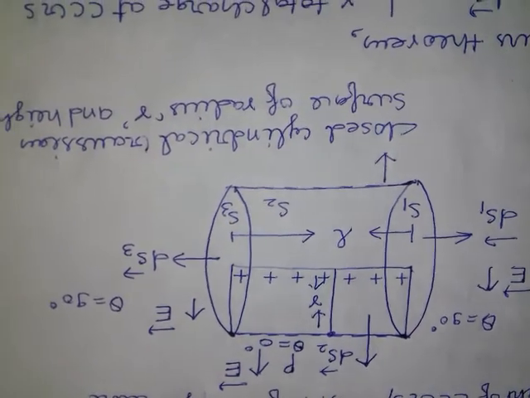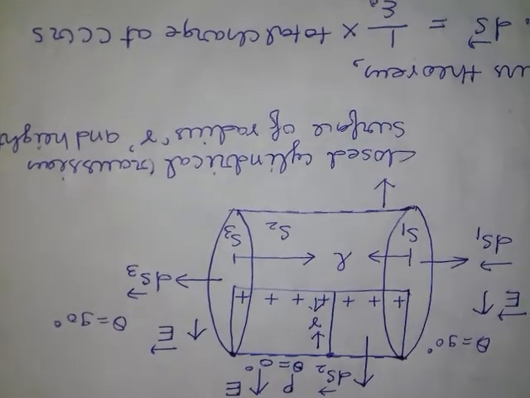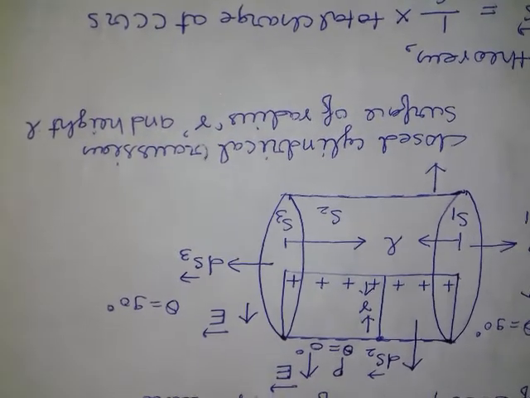You can see this is the closed cylindrical Gaussian surface of radius R and height L.